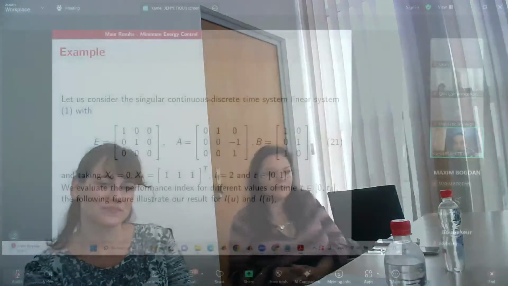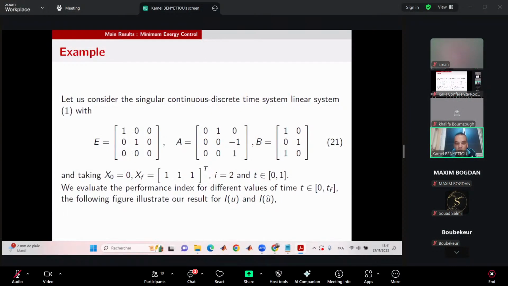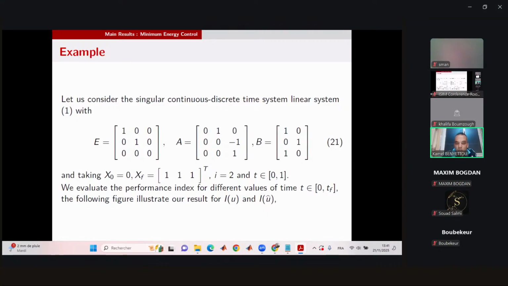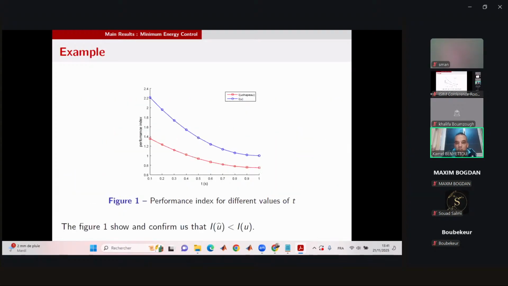Yes, I will move to the final examples. In our examples, we look at a singular system, and we want to ensure the controllability and calculate the minimum energy control problem of our systems. And using some simulation and MATLAB results, we can see effectively that the minimum value with the new control vector is less than that of any other input vector which ensures the controllability of our system.